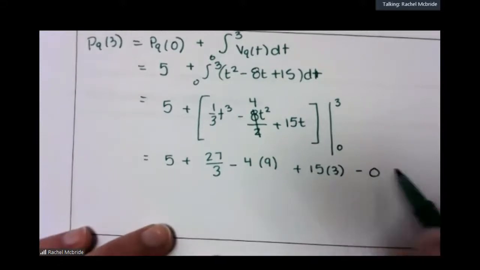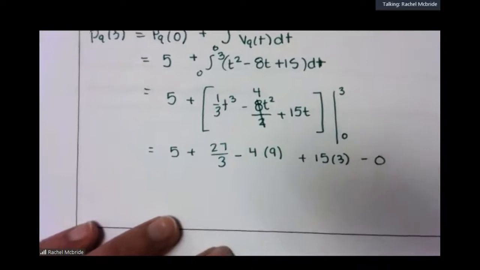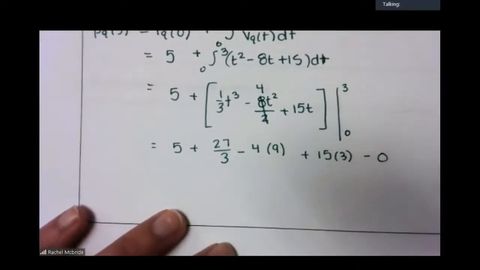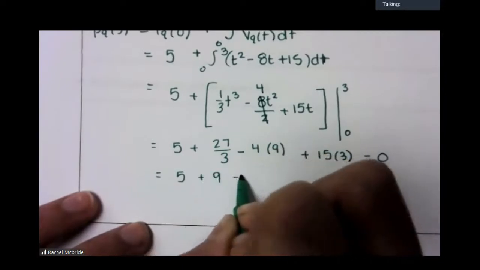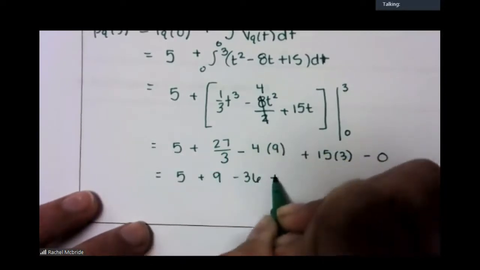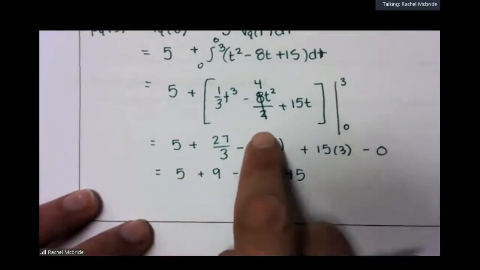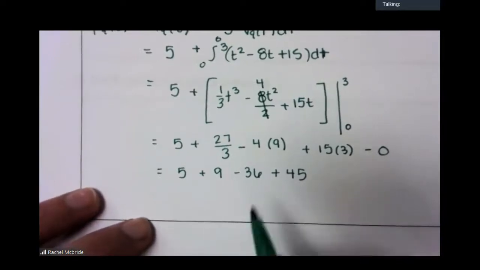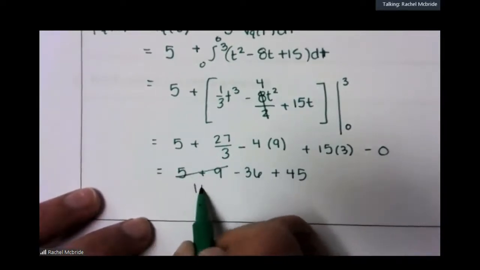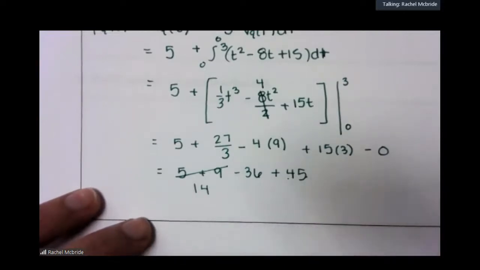What's nice is since you're at 0, you can just subtract 0 away. So you get 5 plus 9 minus 36 plus 45. So again, 5 and 9 is 14. 14 and 45 gives you 59.